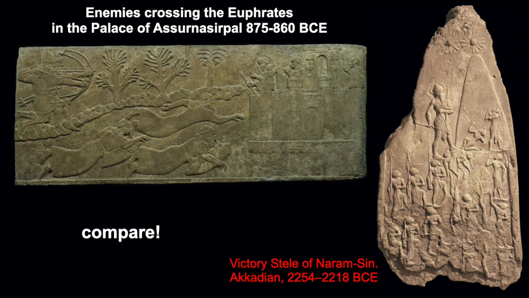First of all, I want you to think about time. Like in the Assurbanipal sculpture, is this a specific moment in time, or is it a vague, this just happened at one point? And the same question is about Naram-Sin. What is the point of this story that we're looking at?